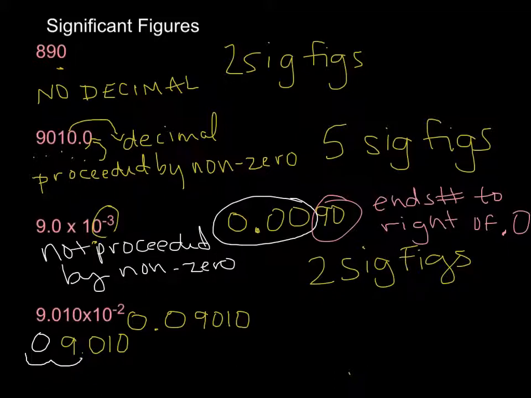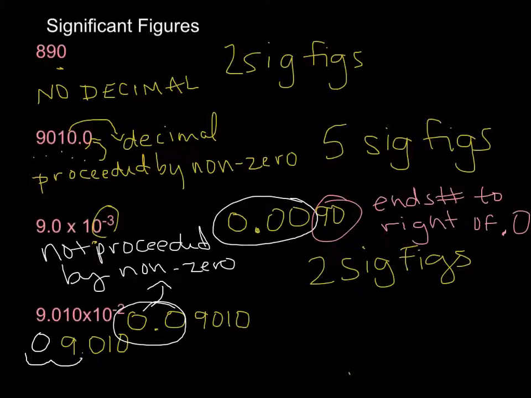Now, are these 2 zeros significant? No. These are not significant. They're not preceded by a non-zero number, just like in our example above. How about this 9? Is it significant? How about this 0? How about the 1?